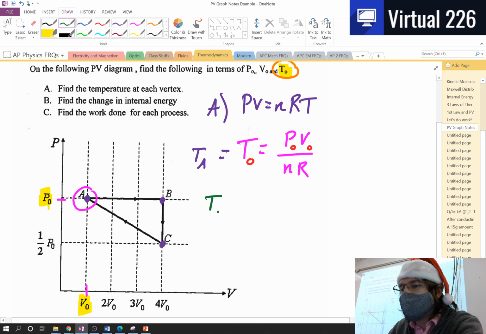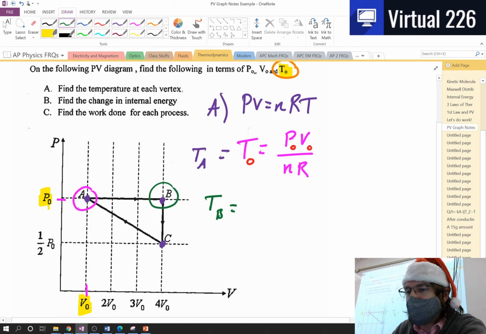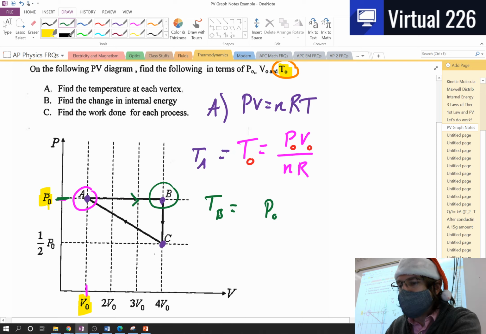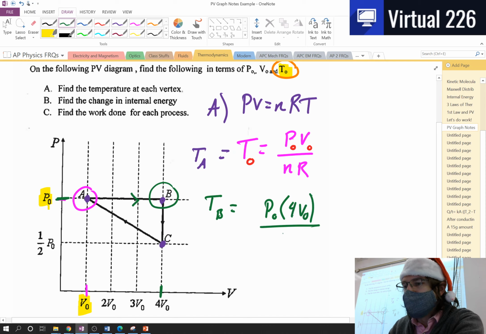If we want the temperature at vertex B, if we take a look at the graph, we're still at P naught going across to the right. That was an isobaric process, so a constant pressure. So we have P naught, but our volume has changed. Our volume here is 4 V naught, and then we divide by nR.